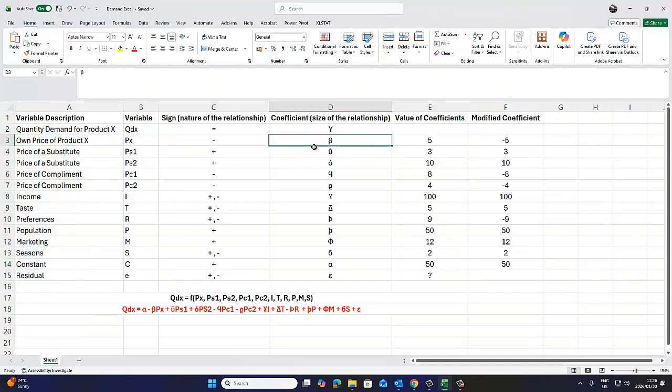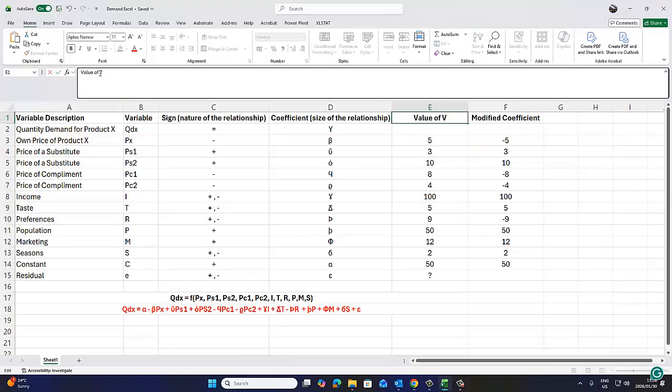But we don't know the estimates of these values. So this is the price of PX, this is the price of PS, etc. So these are the values of the variables. Okay, modified variables, values of the variables.